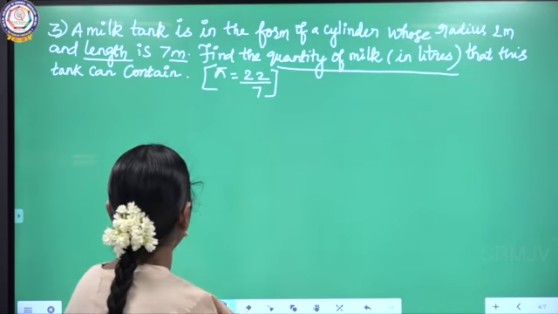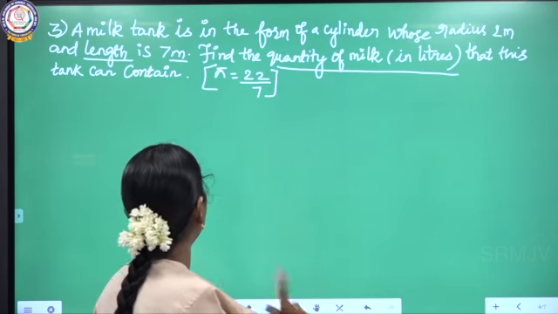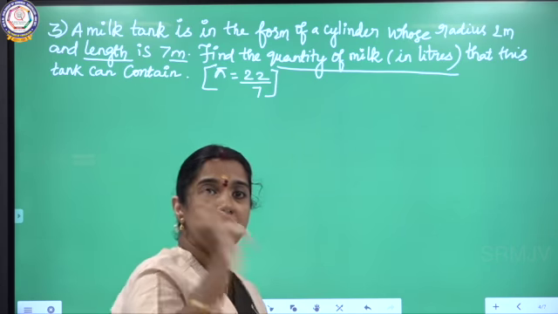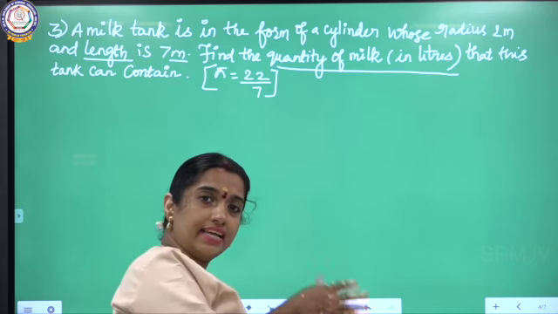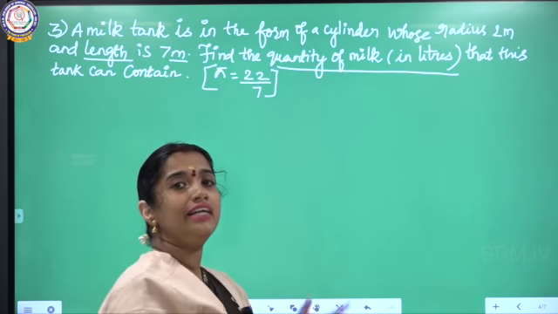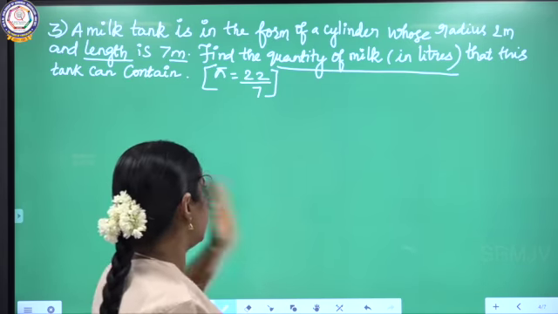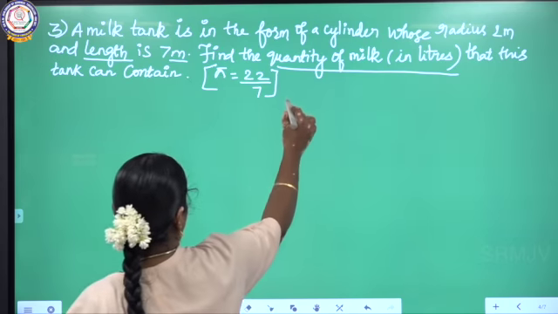The first step, I am going to find the volume of the cylinder. Once I find the volume of the cylinder, I get meter cube, and in the second step I am going to change the meter cube into liter. Listen.